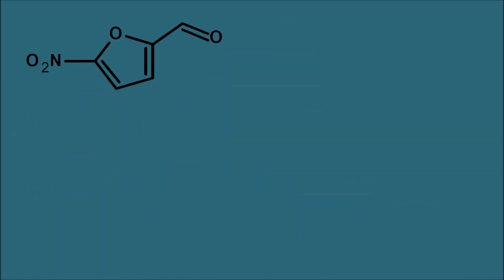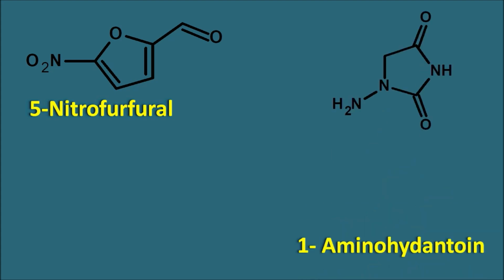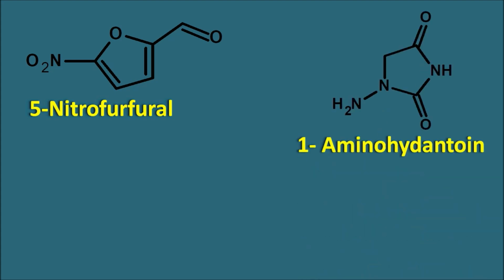Now let us see how nitrofurantoin can be synthesized. It can be synthesized by multiple steps, but the last step involves the fusion of two ring systems. One of these rings is 5-nitrofurfural. You can see that the furan ring is attached with the CHO, that is 5-nitrofurfural, which reacts with another ring system. This is nothing but 1-aminohydantoin.